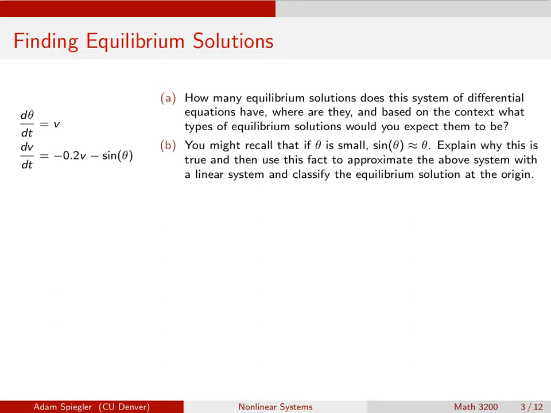Okay, so to find an equilibrium, we're not going to change what an equilibrium is, and we've already considered equilibrium of nonlinear systems, we would want to solve simultaneously what happens when we set both of these derivatives equal to 0.